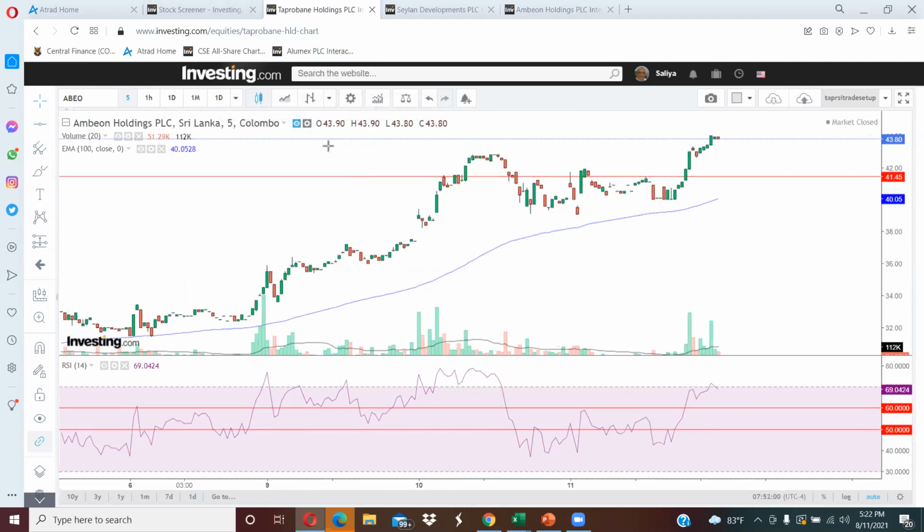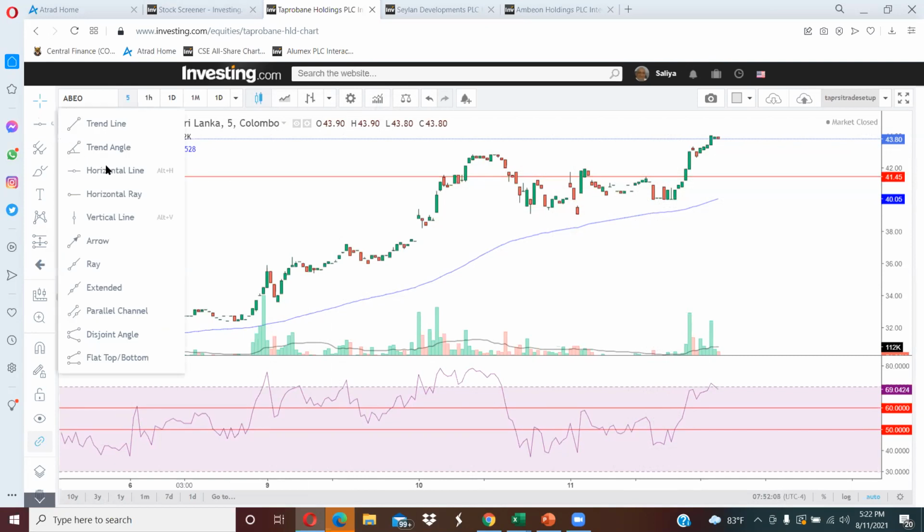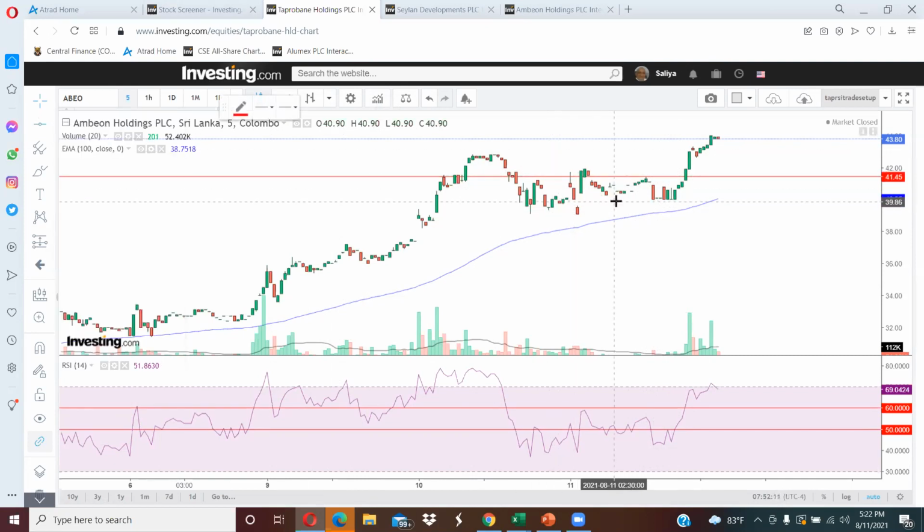And you repeat the same thing where, okay, you identify this as a swing low. That is the swing low. This as the present high or the swing high that you are interested in.